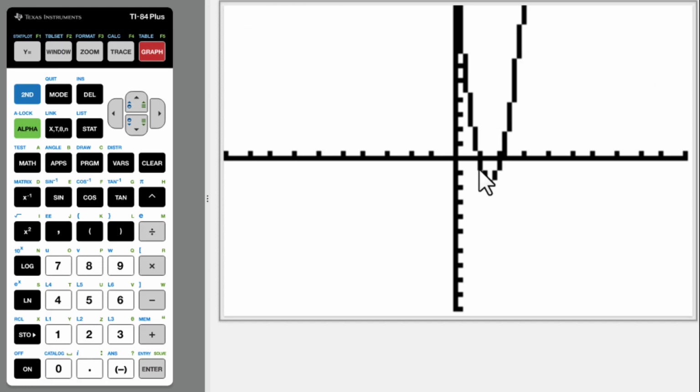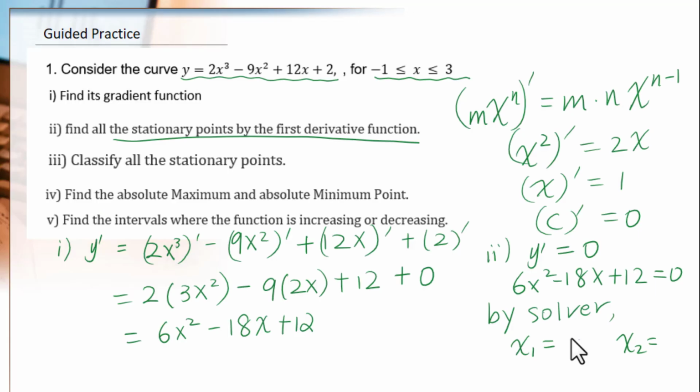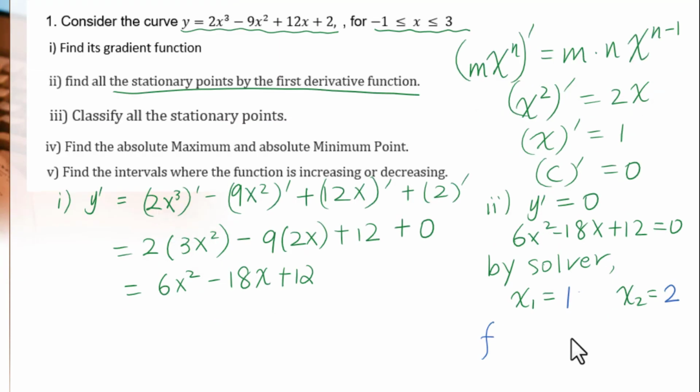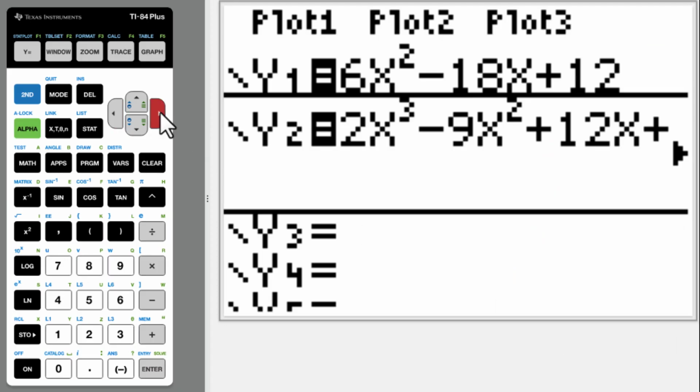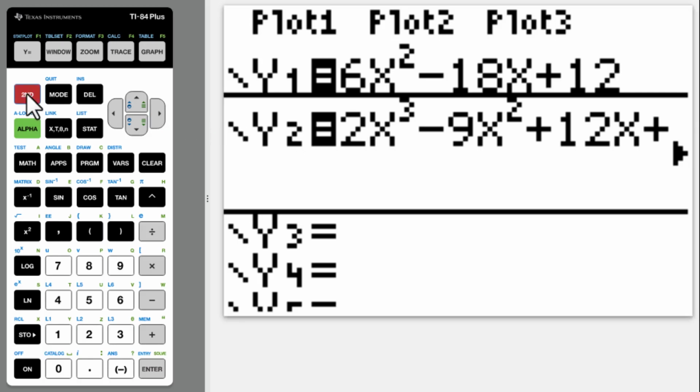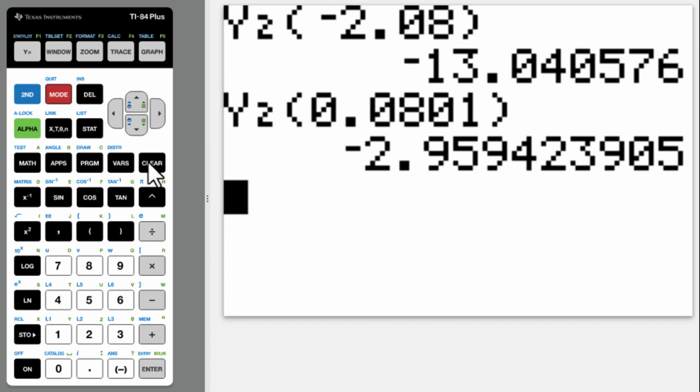You can also get x-intercepts by graphing. x1 equals 1, x2 equals 2. Substitute 1 and 2 into the original function to figure out the y-coordinate for all stationary points. We put the original function into y2, then quit.